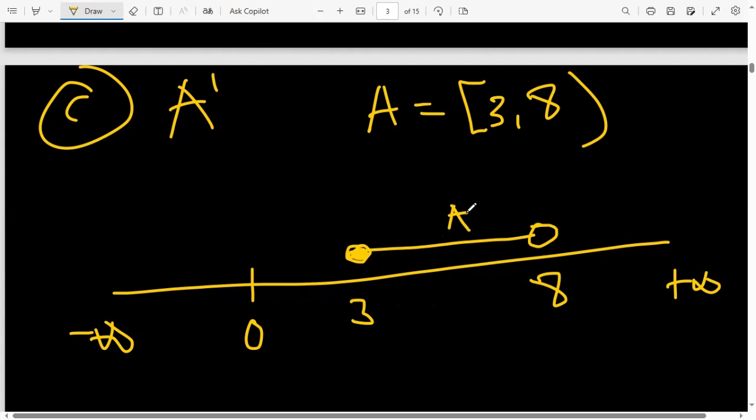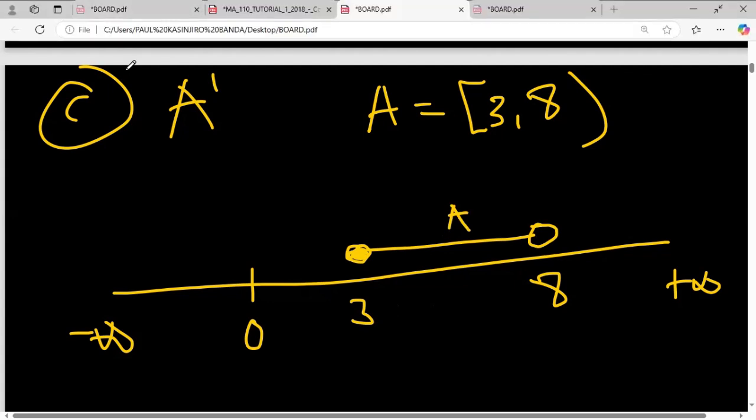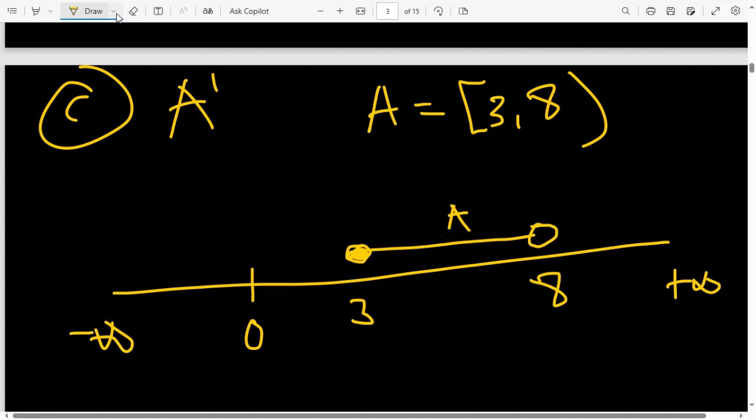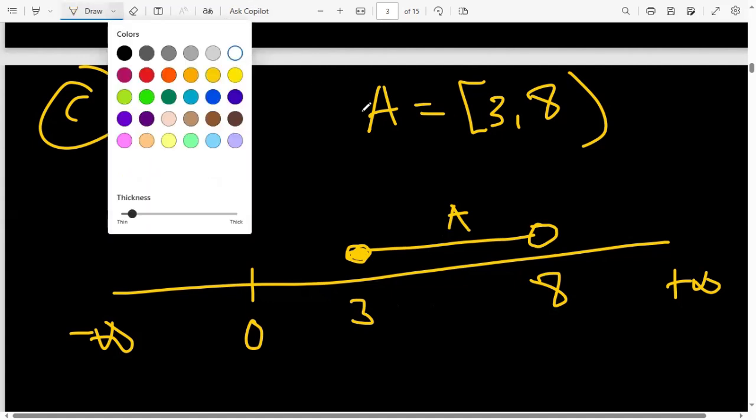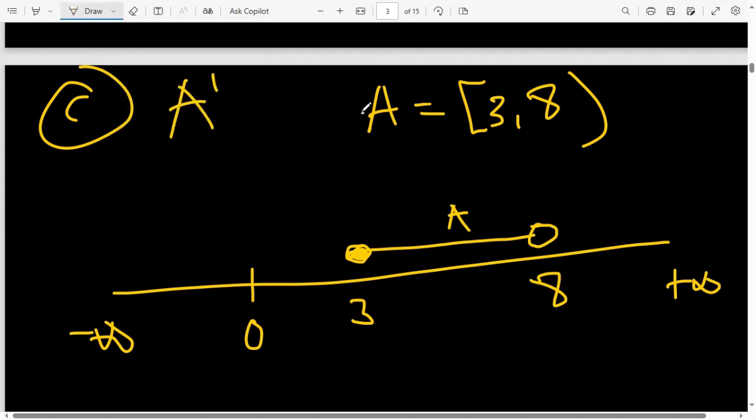So now they want us to find the set A complement, okay? So how can we find the set A complement? We are going to go at the specific endpoints for the set A, and then notice what we are going to do. So one of the endpoints is here at 3.